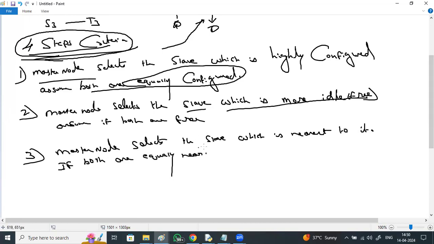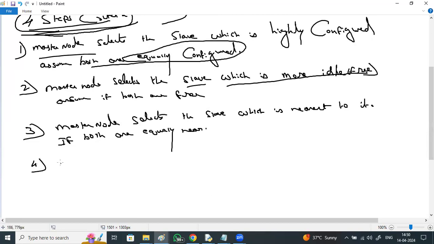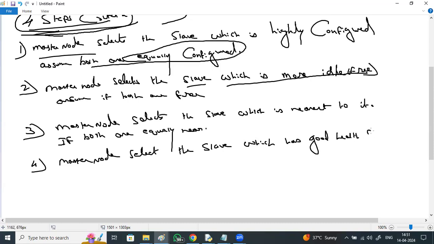Master node selects the slave which is nearest to it, right? Which is nearest to both. If both are equally near, then finally master node selects the slave which has good health status, right? Which has good health status means even though they have got same configuration, now and then because of some hardware or software issues, it is going down.